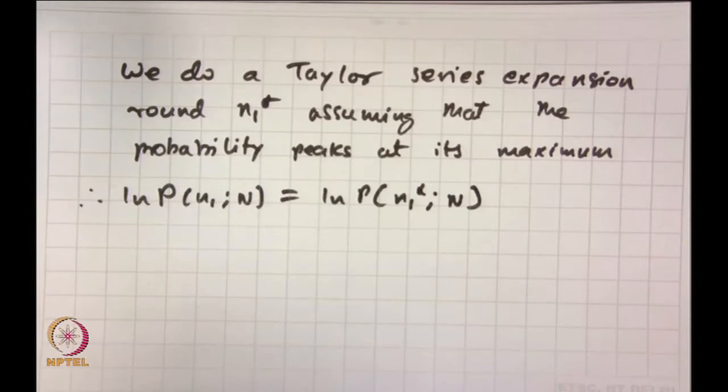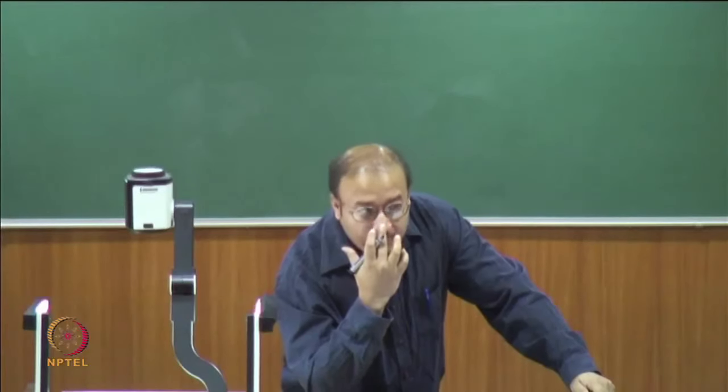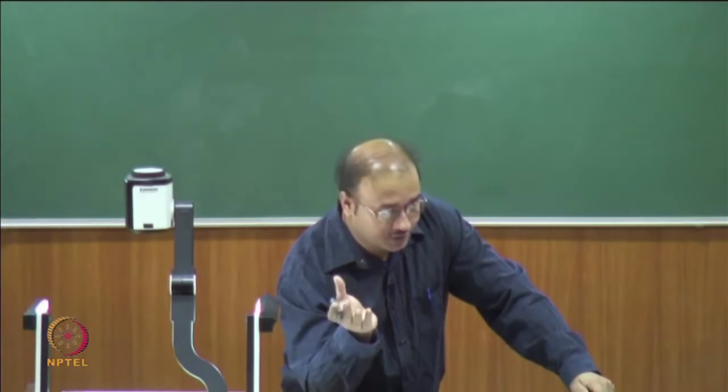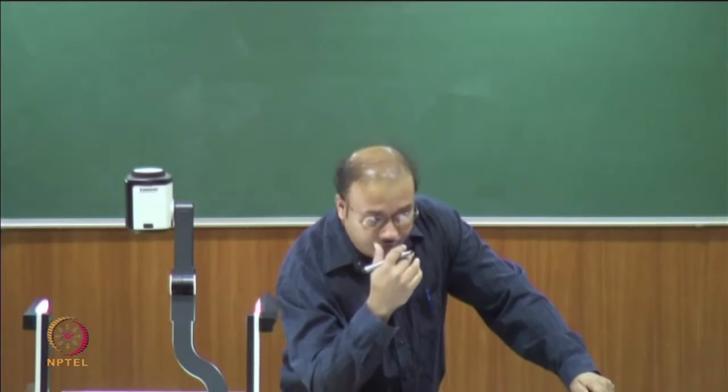Okay. That is the first term. Okay. Now, what are the subsequent terms? You have seen this before. Where have you seen this? At least give me one relevant example from quantum mechanics. Where did you do this expansion? The next thing would be a first derivative, the next thing would be a second derivative and so on, that is how Taylor expansion goes. But where have you seen this before?